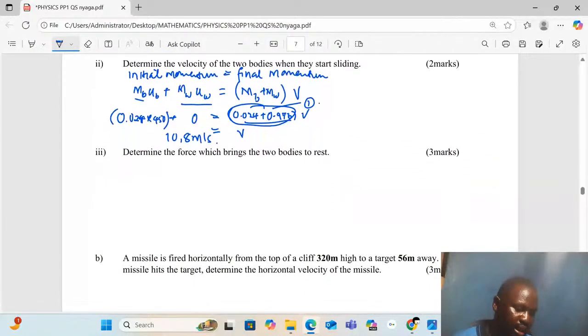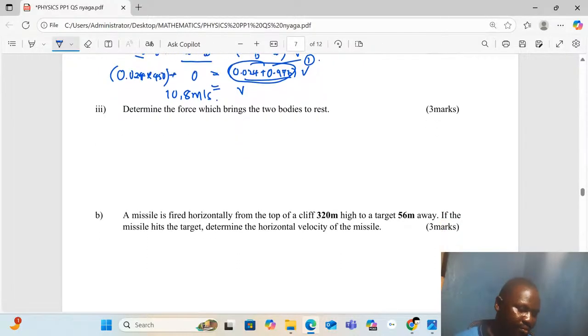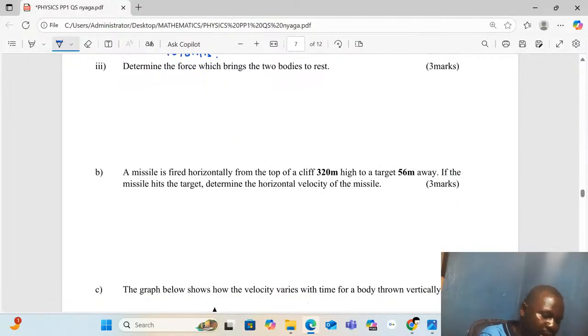It asks to determine the force that brings the two bodies to rest. Force is given by M times A. So F is given by MA. But we need to get the A first. So we can use the last equation of linear motion, where we say V squared is equal to U squared plus 2AS.